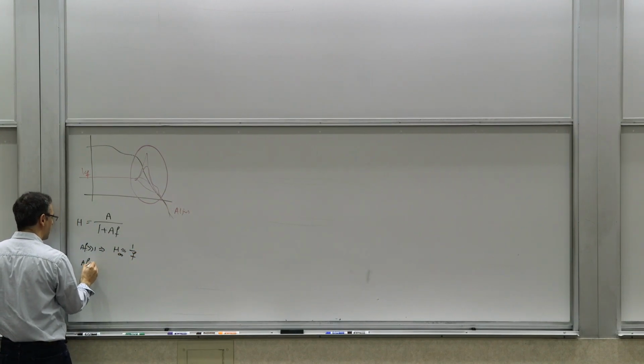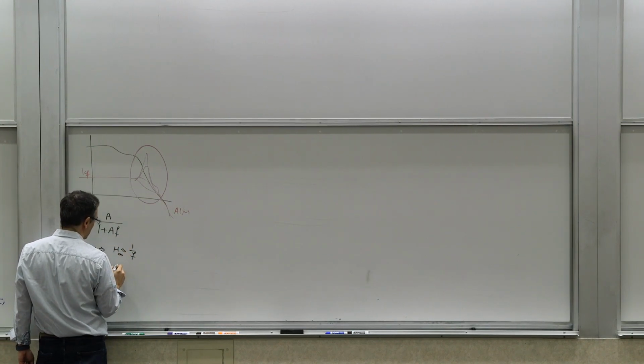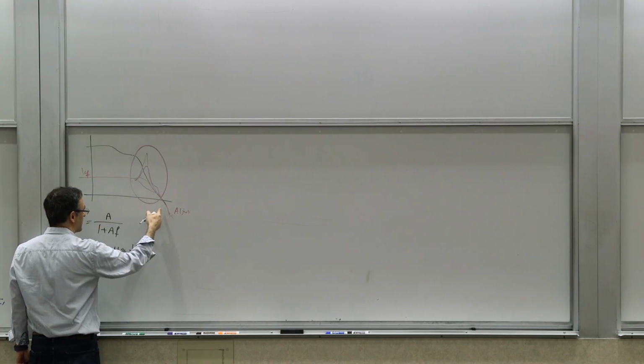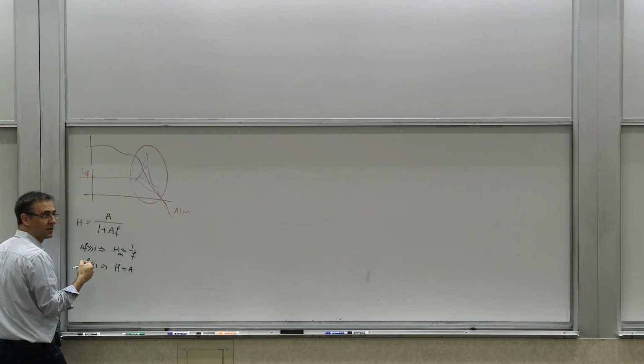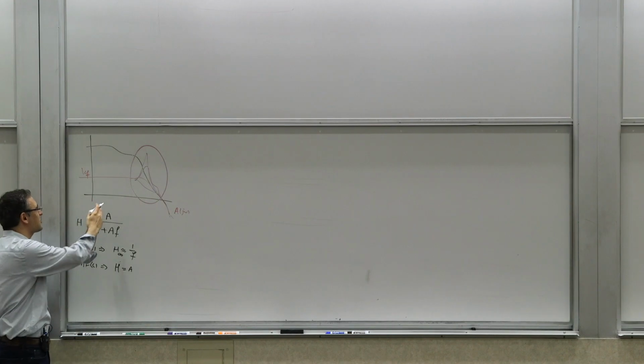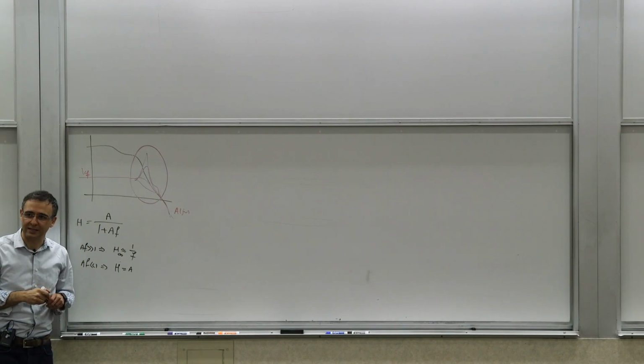And for AF much smaller than 1, this is basically going to be just A. So this second part is here, this first part is here. Now, when they're comparable, interesting things can happen.